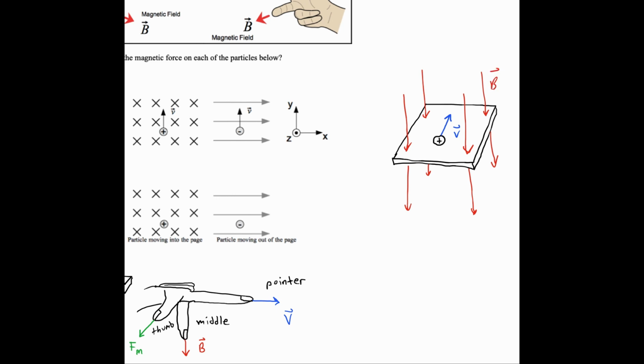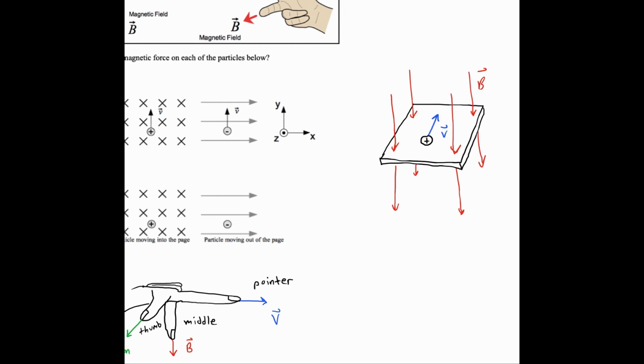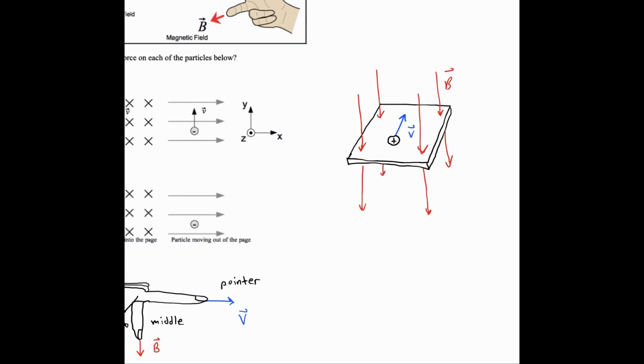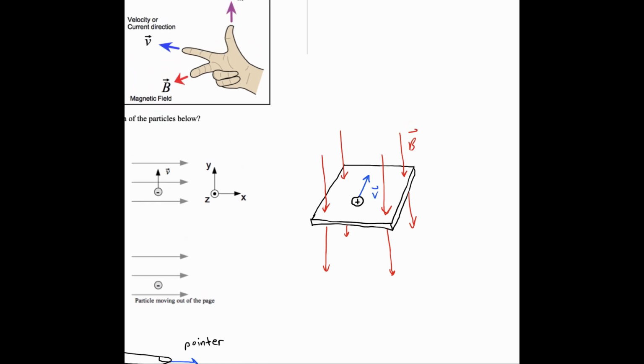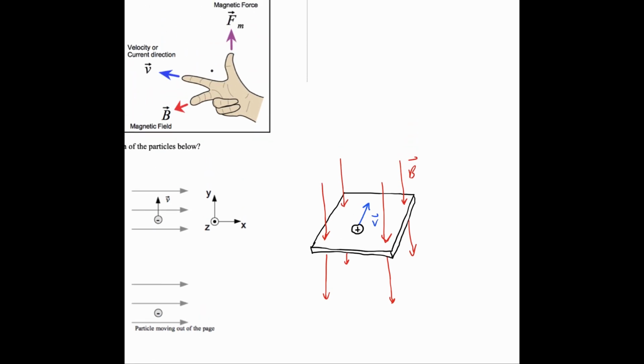So there's definitely going to be a magnetic force because the velocity and the magnetic field are 90 degrees to each other. Now what we want to do is use this right-hand rule here in the upper left. We'll align our pointer finger in the direction of v.